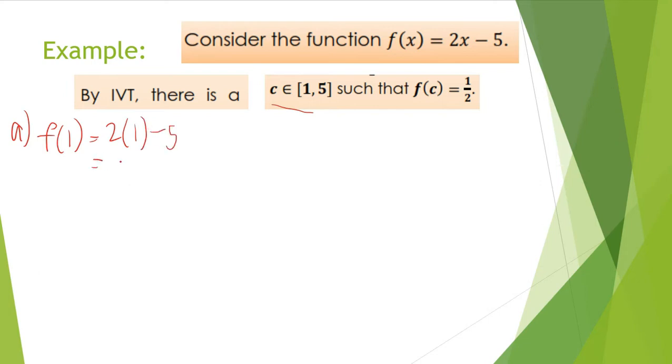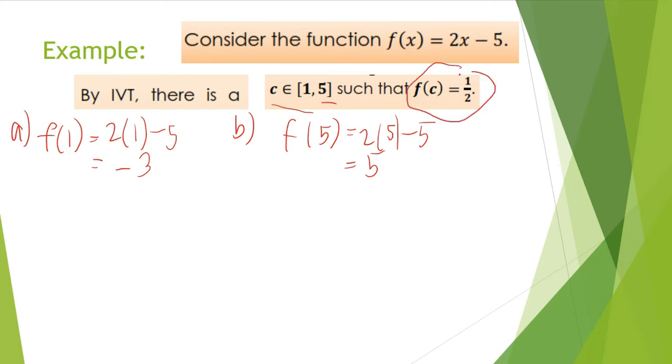So yung sa 1, we substitute 1 to x. So f of 1 is equal to negative 3. Next, for 5, we substitute 5 to x. So f of 5 is equal to 5. Now we examine if the value of f of c equal to 1/2 is in between negative 3 and 5.